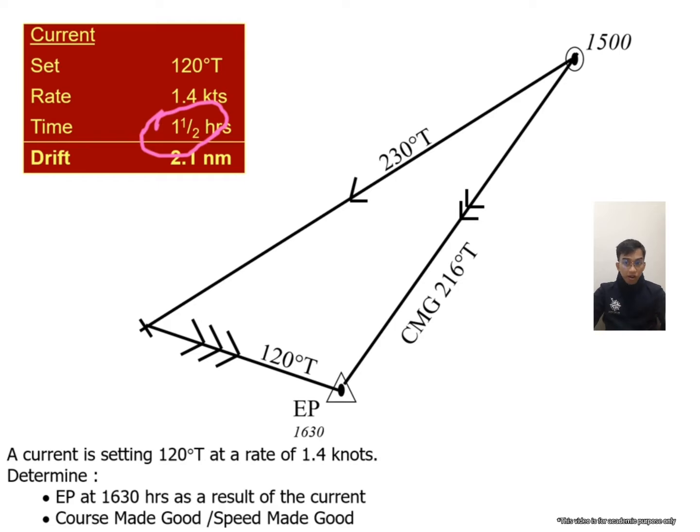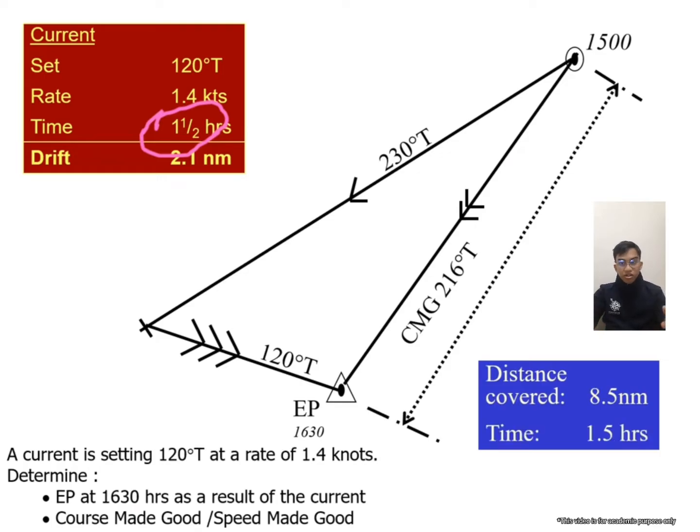The course made good in this case becomes 216 degrees true. So although you intended to steer the vessel on a course of 230 degrees true, because of the effect of current, your vessel actually made good a course of 216 degrees. Now remember, here we have not counteracted for the current.